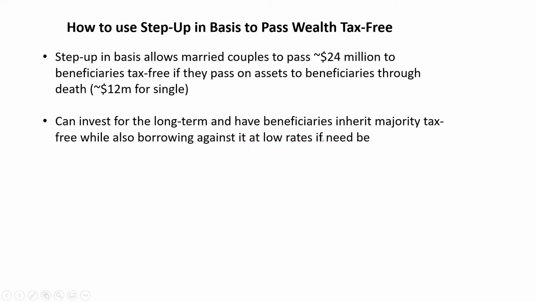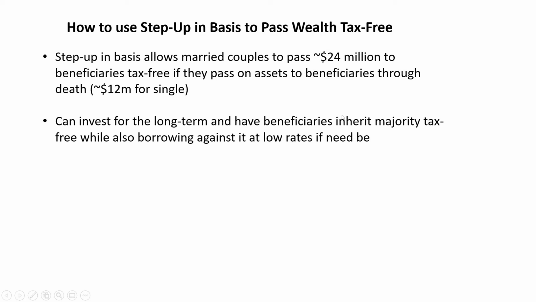So if the married couple or single individual is in retirement and needs money, they can always borrow against the portfolio. But if you're really looking to generate generational wealth and pass on as much wealth as possible, you want to minimize the tax drag on it. And using step up in basis to pass on millions of dollars tax-free is a great way to do it.